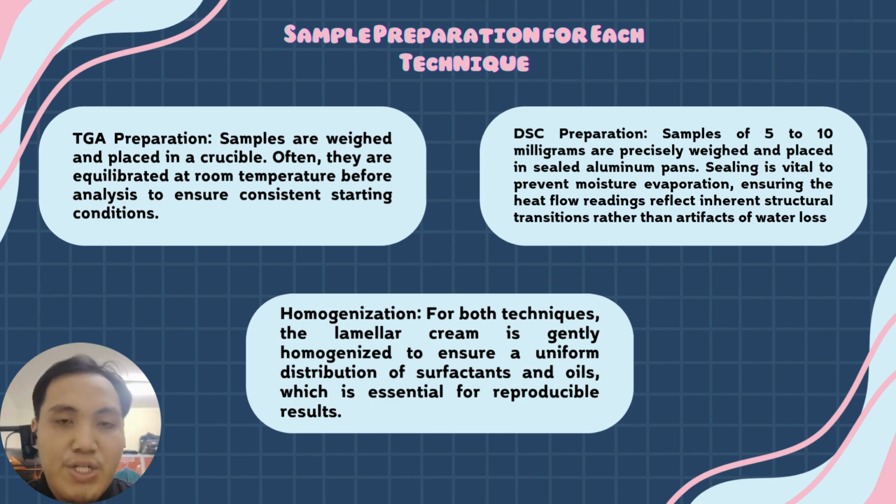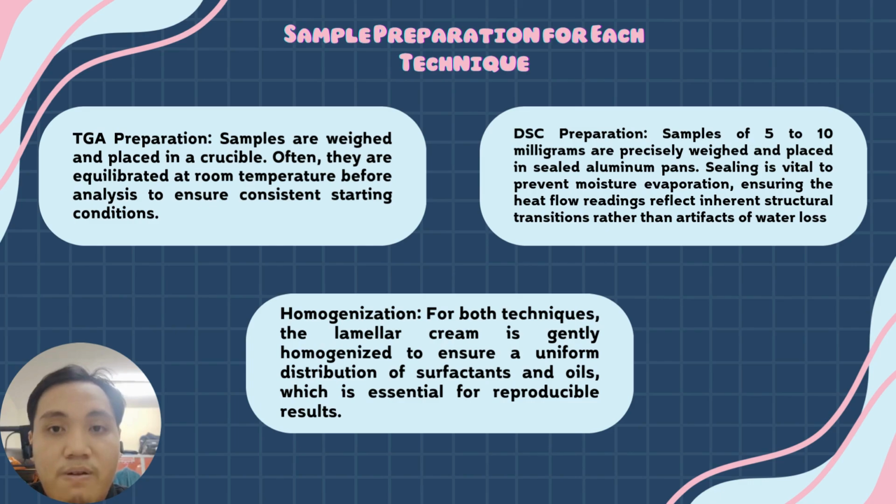Proper sample preparation is critical. For TGA, samples are weighed and placed in a crucible. It often varies to incubate them at room temperature first, to ensure consistent starting conditions. For DSC, we need precision. Samples of 5 to 10 milligrams are weighed and placed in sealed aluminum pans.